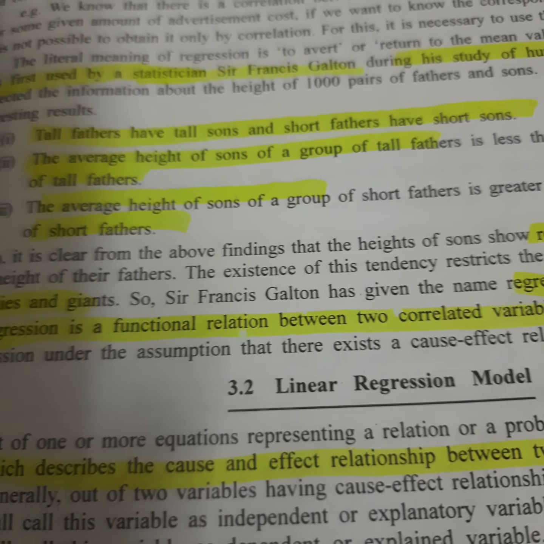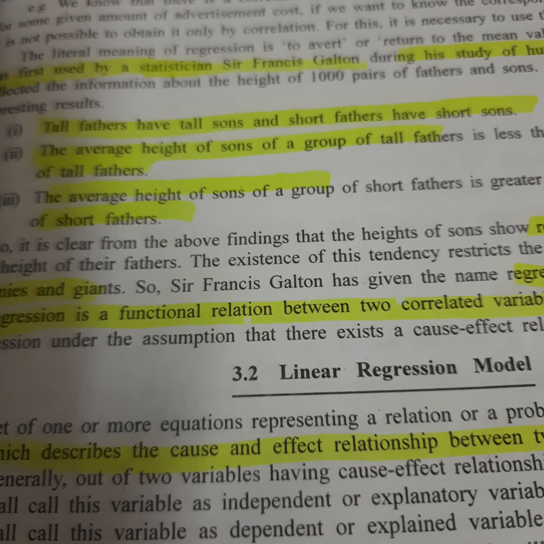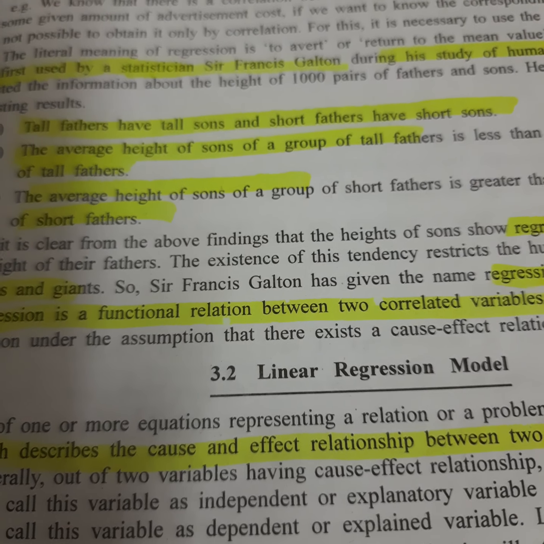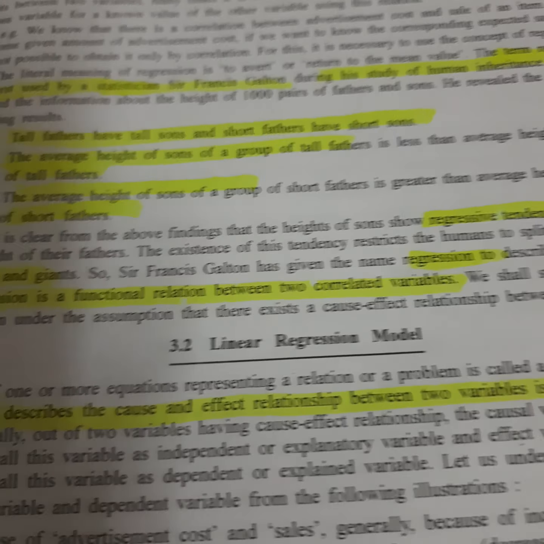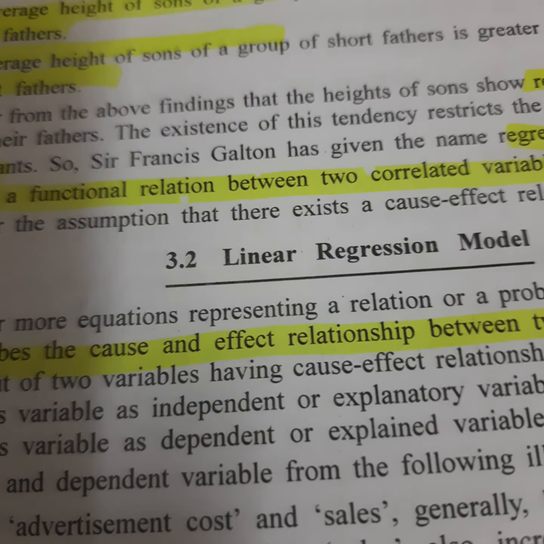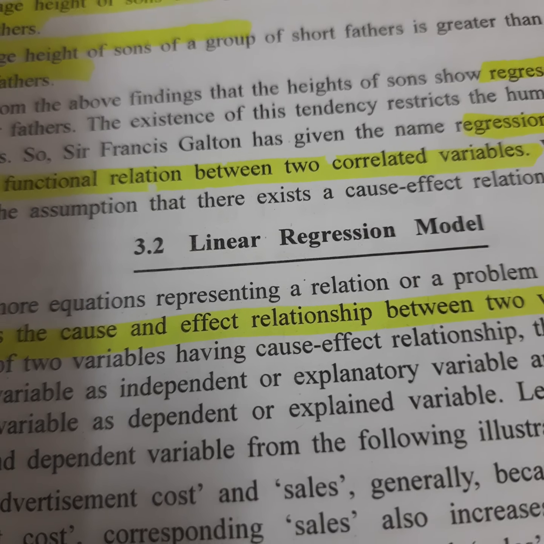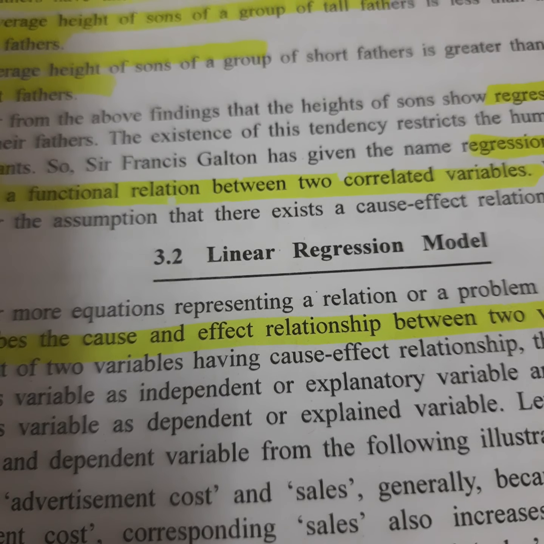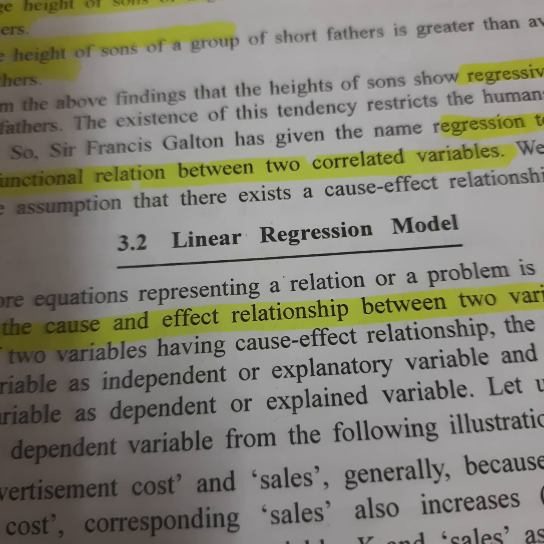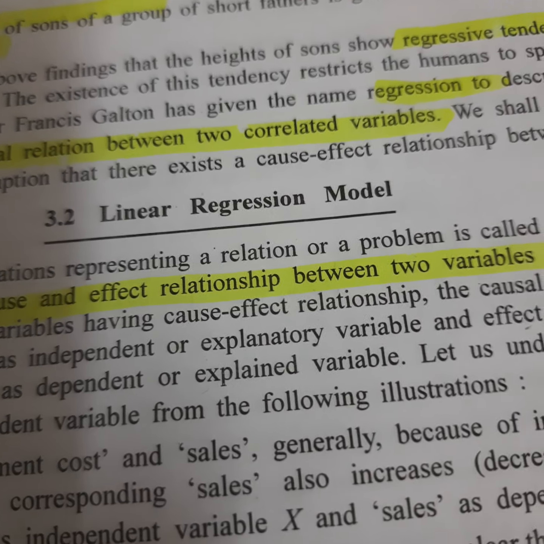Number 2 he said is the average height of sons of a group of tall fathers is less than that of the average height of the group of tall fathers. That means the average height of group of sons would be less than that of the tall fathers.